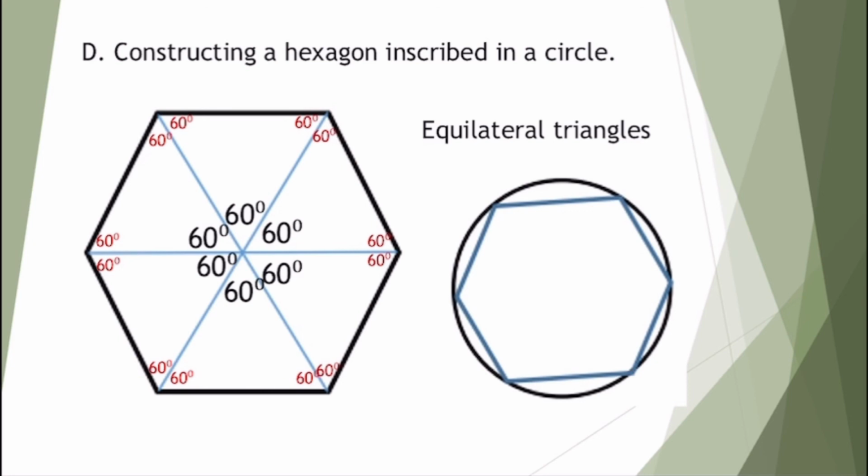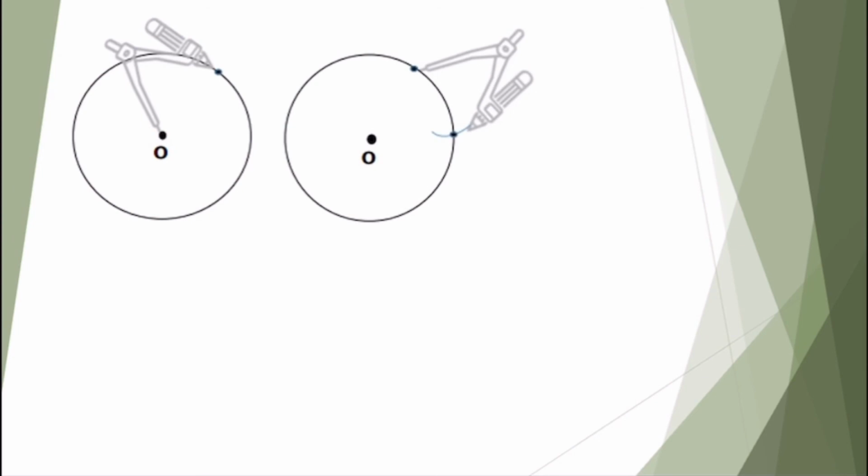So how to construct a regular hexagon inscribed in a circle? For our first step, start by constructing a circle and a point on the circle. Second step, you know that the radius of the circle is the same as the length of each side of the hexagon.